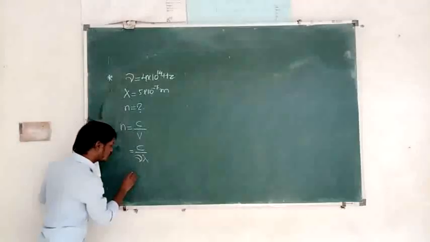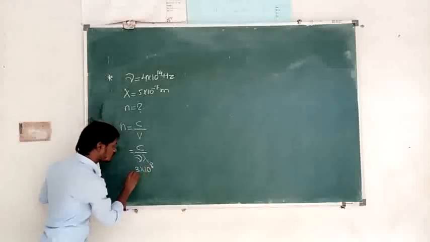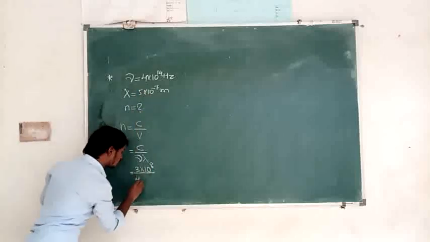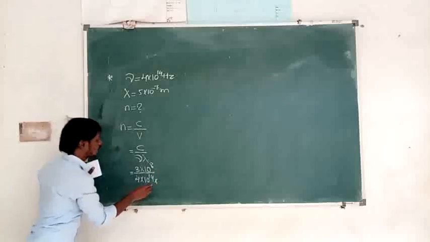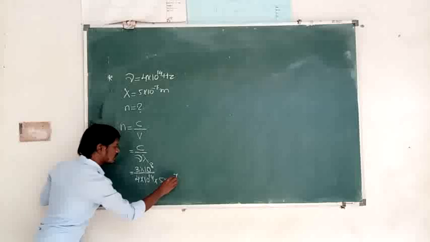So what is the value of C? That is 3 into 10 to the power of 8. The frequency given is 4 into 10 to the power of 14, and the wavelength given is 5 into 10 to the power of minus 7.